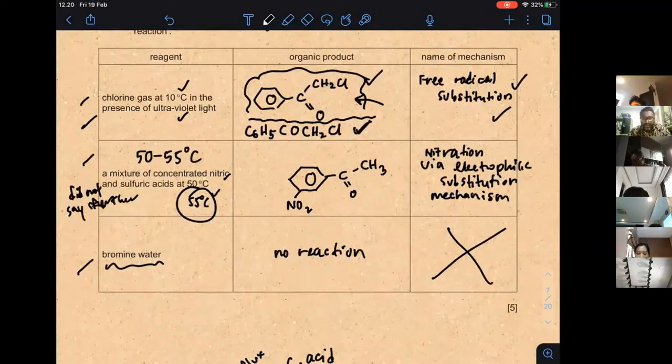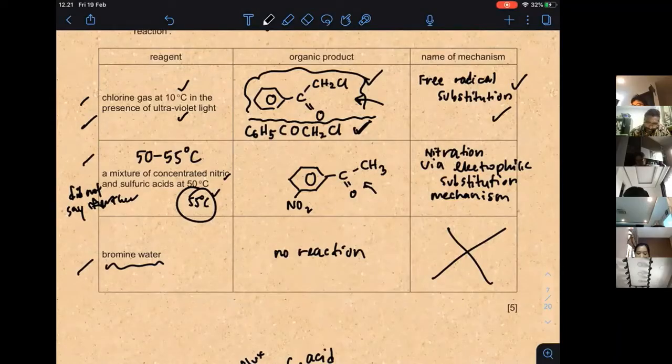So nitration reaction is going to happen. What is important is, this is going to be an electron withdrawing group. So if it is an electron withdrawing group, they are not going to be 2, 4, 6 directing; they are going to be 3, 5 directing.